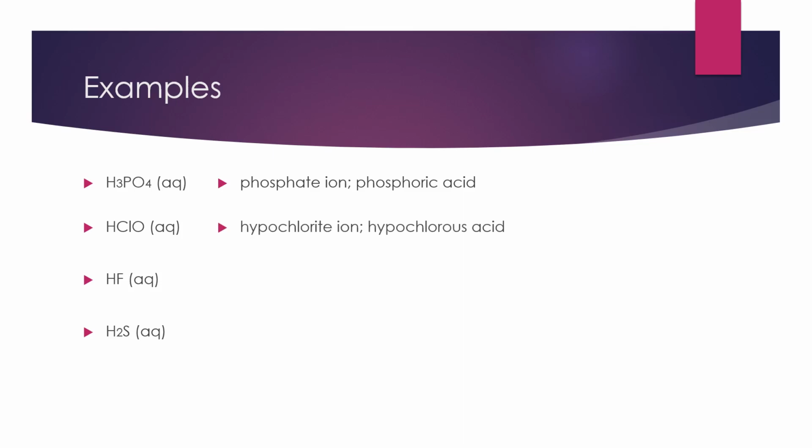And the next one, hypochlorite, so hypochlorous acid. Next one, the anion is fluoride, so the acid name is hydrofluoric acid. And in the fourth one, the anion is sulfide, so the name of the acid is hydrosulfuric acid.